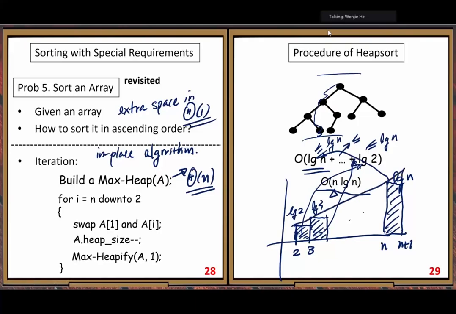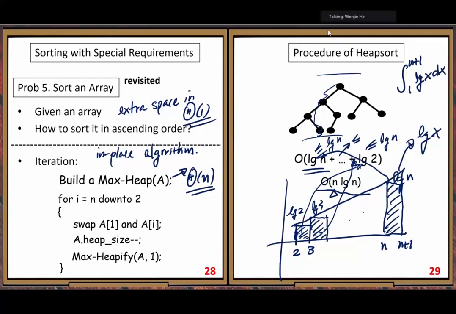So this function is log base 2 of x. That means we estimate the integral from 1 through n plus 1 of log base 2 of x dx.